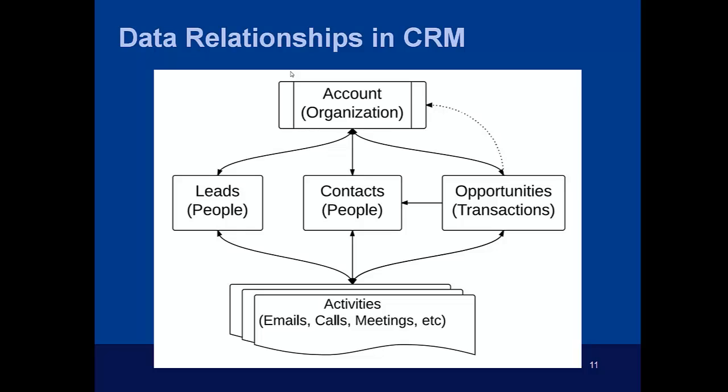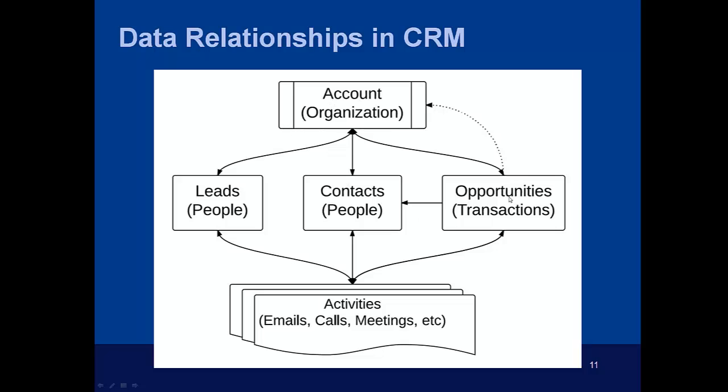We have two records that represent people and another record that represents our transactions, or potential transactions when and if they occur. Our leads and our contacts represent the people that we actually speak with within those organizations. As you can see, these are under the organization umbrella.